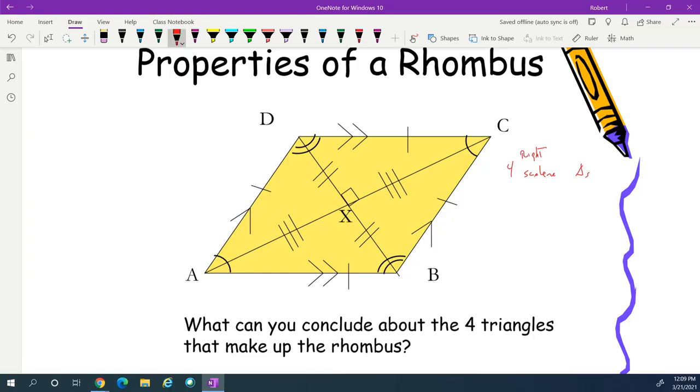In a rhombus, they are right scalene. And if we look carefully, all four triangles are congruent. Instead of just the opposite pairs, that's still true, but now they're all congruent. So again, what was true for a parallelogram is still true, but as the shape gets more specialized, the triangles that make it up get more specialized as well.